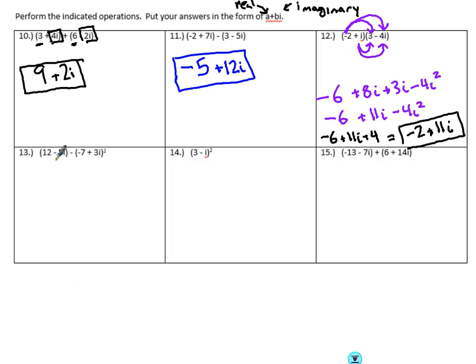Number 13, before we subtract the complex numbers, we want to expand out the second term. Because it has an exponent and using order of operations, we know to expand out exponents before we subtract.